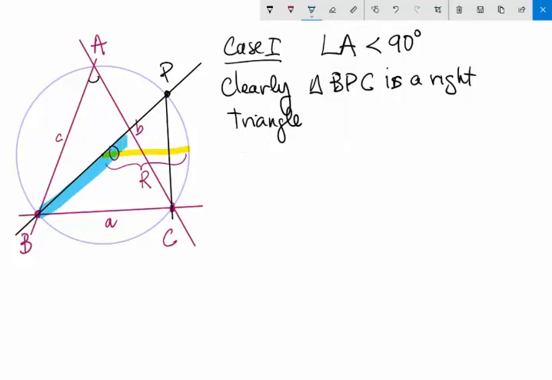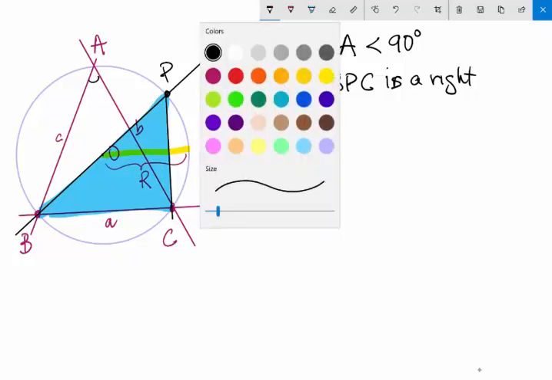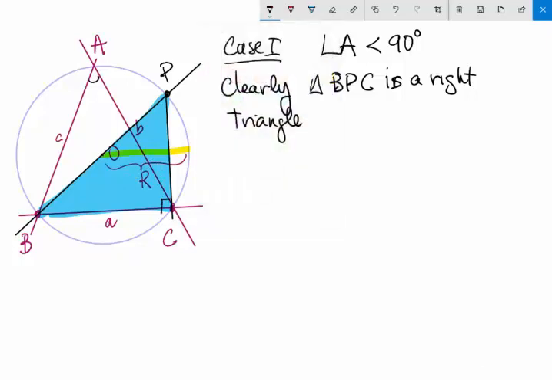So this is the triangle that I'm referring to. So clearly this triangle is right. Okay, and by construction, BP is the diameter of the circumcircle, so it must be equal to twice R.